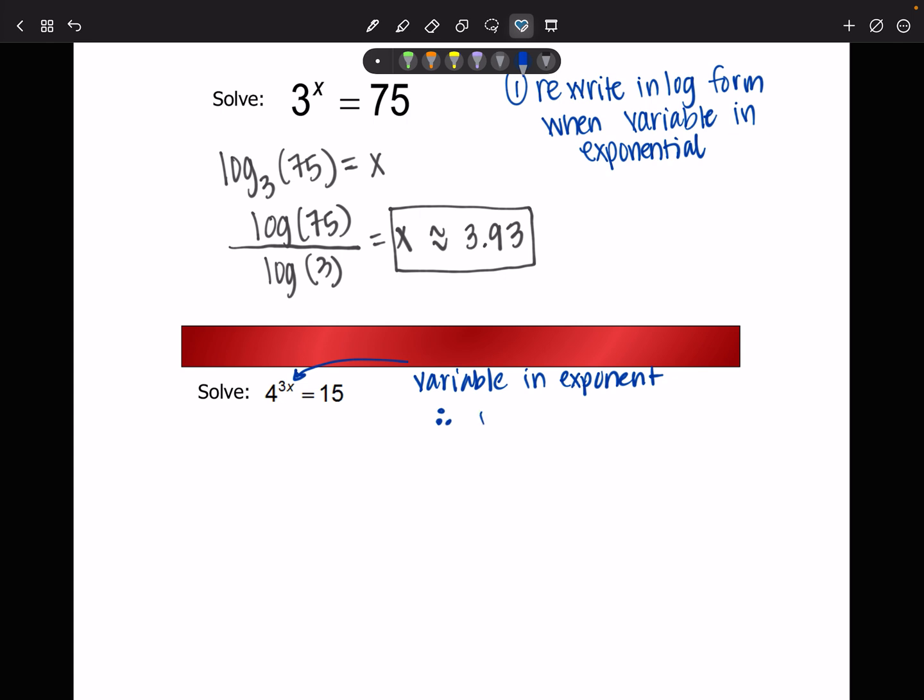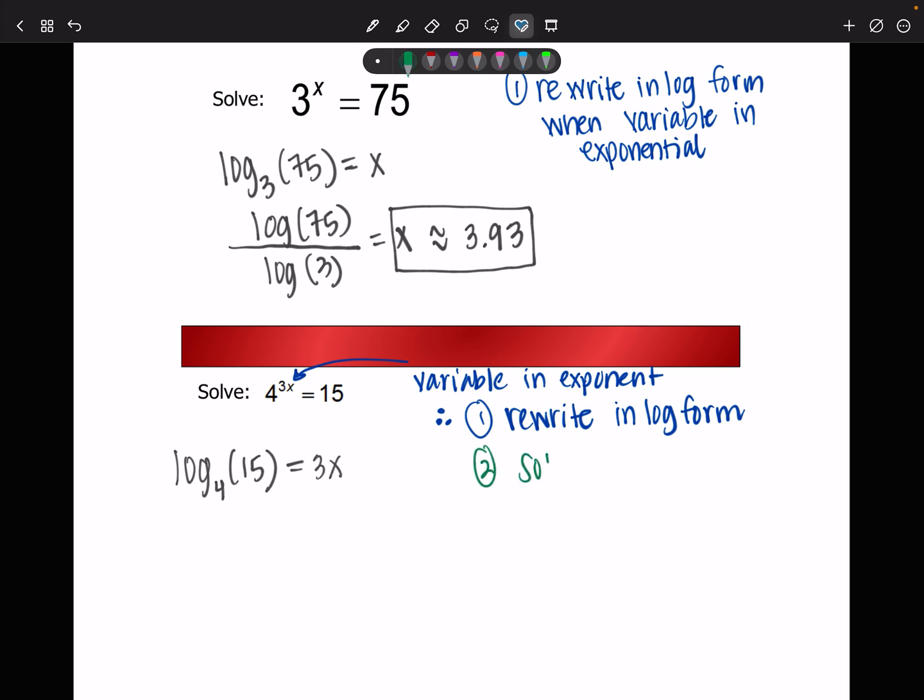Therefore, our first step is to rewrite in log form. So we'll have log base 4 of 15 is equal to 3x. Now what we need to do for our second step is solve for x.